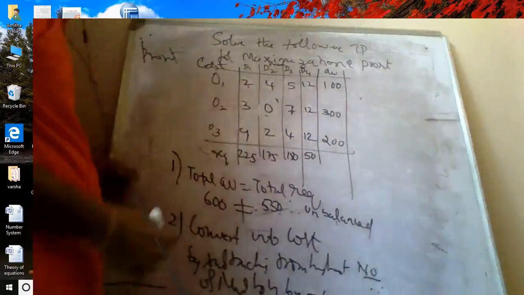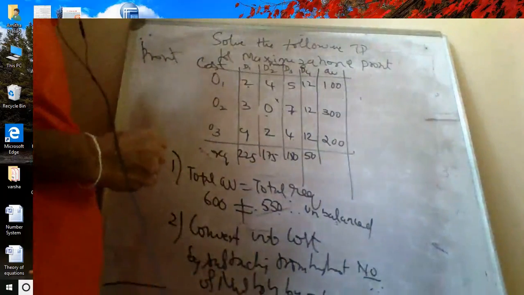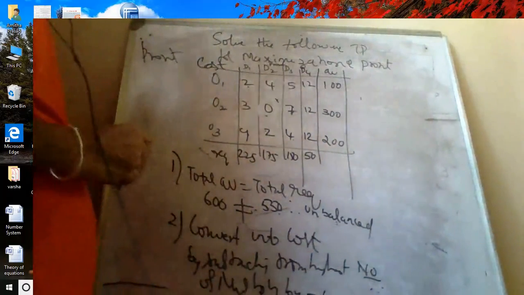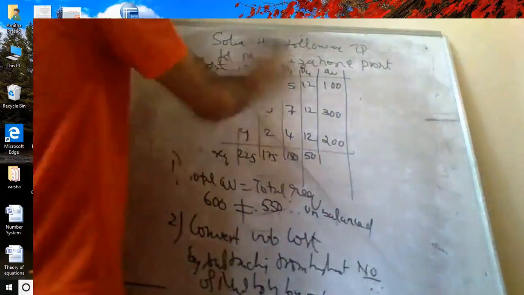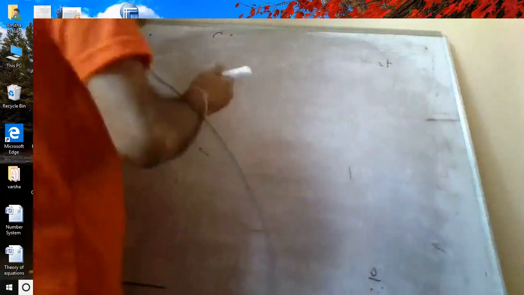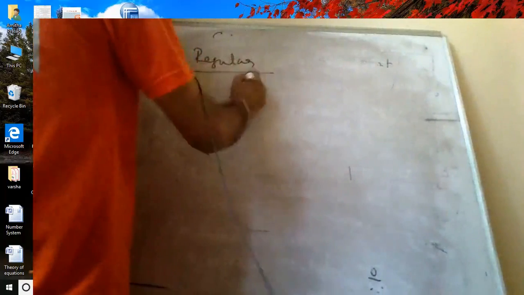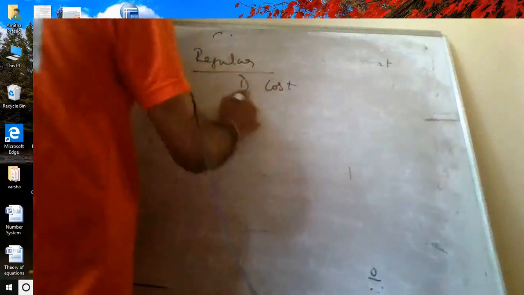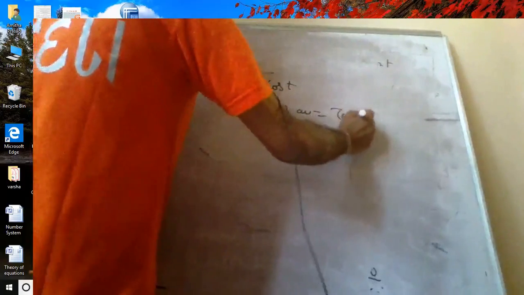Now solve this problem as we have done before. So this completes the transportation problem. You should be very careful in transportation problems. Regular problems: cost will be given, and total availability will be equal to total requirement.